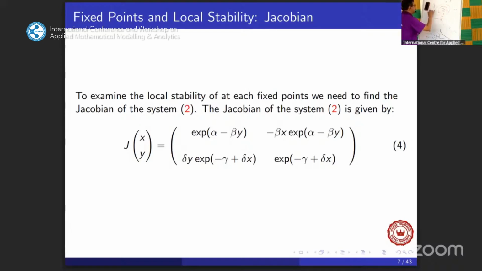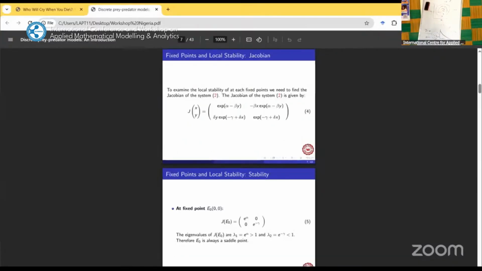That means in the continuous system the system is a center, meaning the eigenvalues we get from the Jacobian matrix are purely imaginary and it is oscillatory behavior.